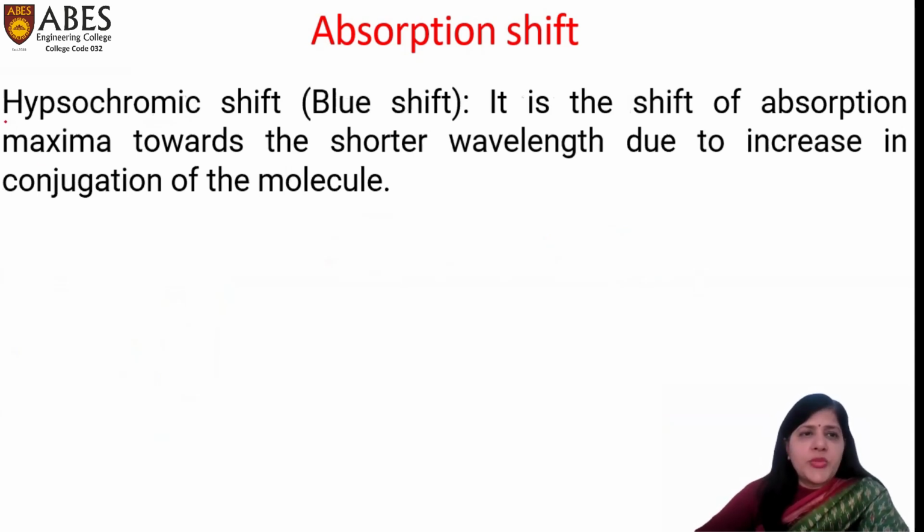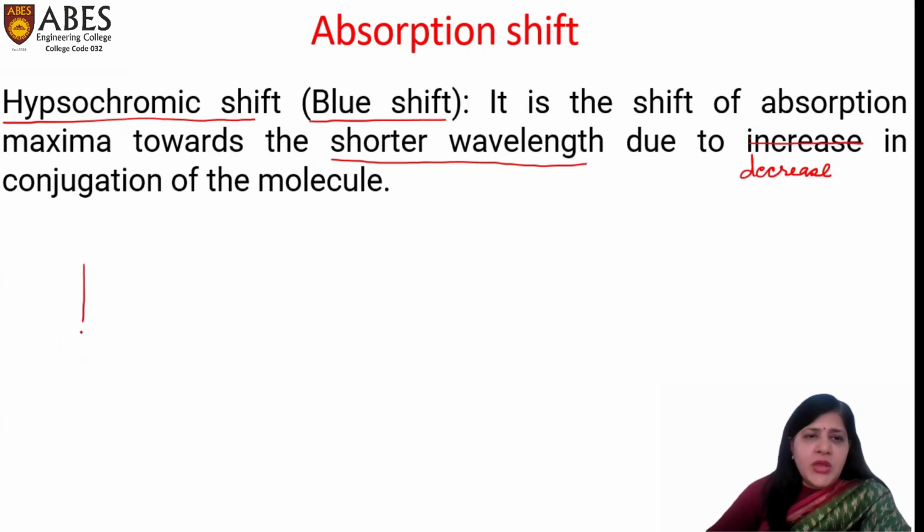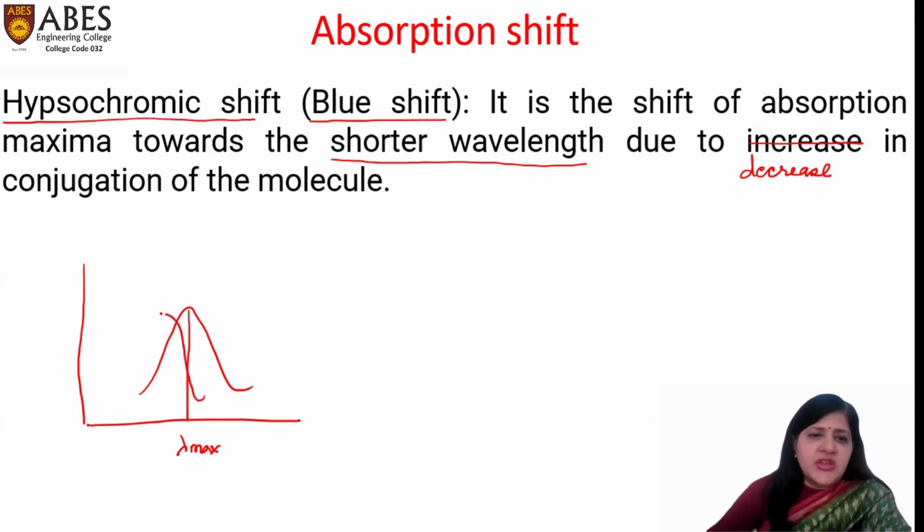Next is hypsochromic shift or blue shift. This is the shift of absorption maxima towards the shorter wavelength due to decrease in conjugation of the molecule. Here, this is the absorption pattern of the molecule and this is the lambda max. Suppose in this molecule, conjugation is decreased.